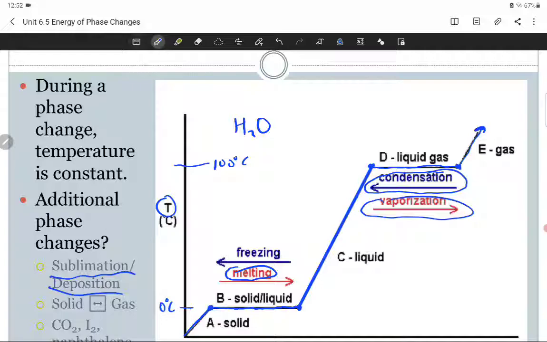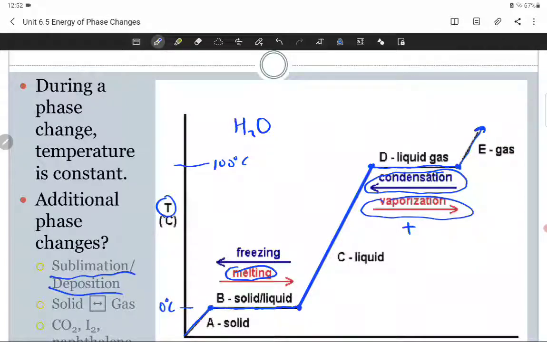So you're not going to find in a textbook a delta H vaporization and a delta H condensation. They'll just give you one of those values. Vaporization is typically the one they use, and you just have to know, are you talking about the liquid to a gas or gas to a liquid? If you're talking about liquid to a gas, it's a positive.